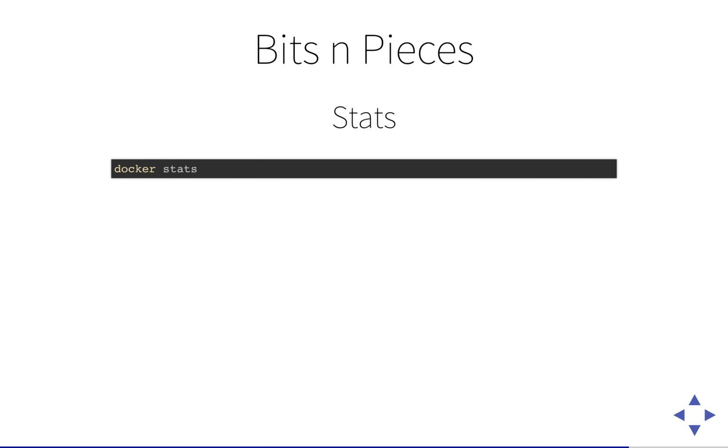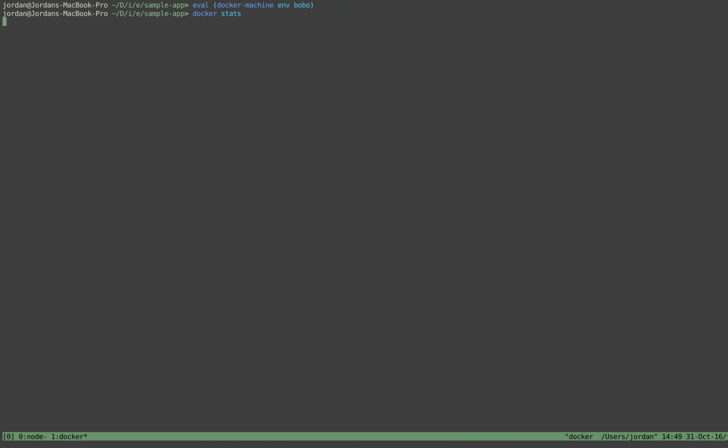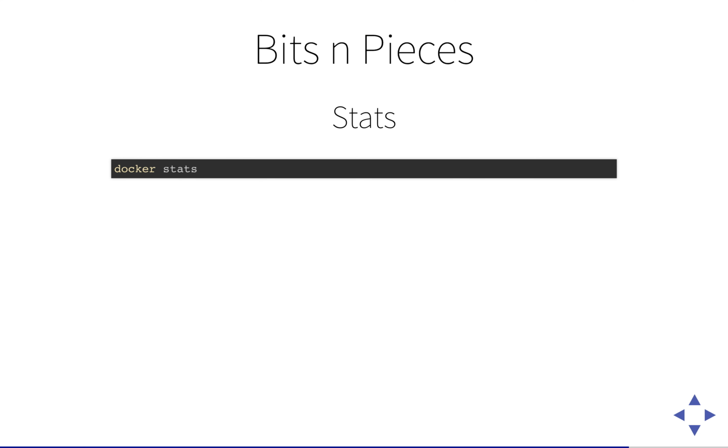It'll show every container on that host and its I/O, network, disk, memory utilization, and it will stream updates to those stats live from that host. That host happens to be on AWS EC2.